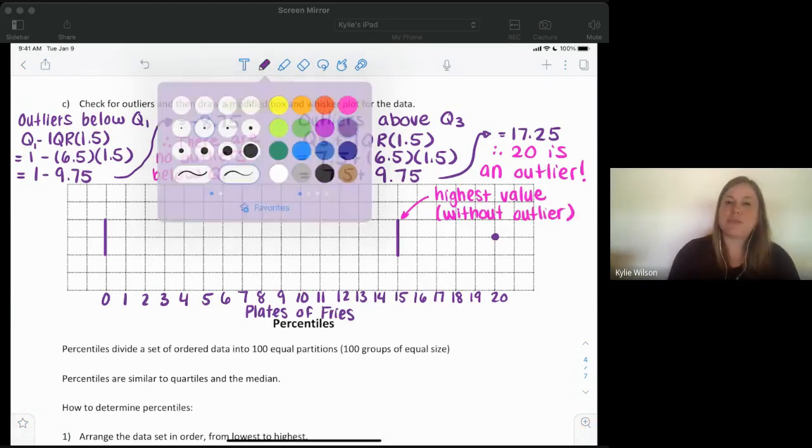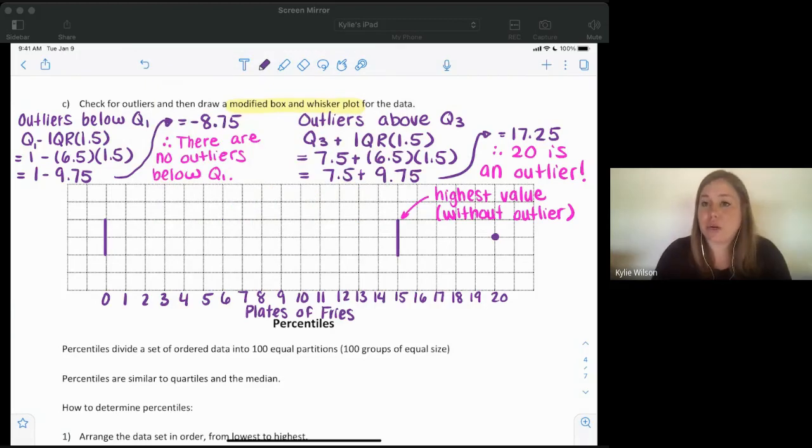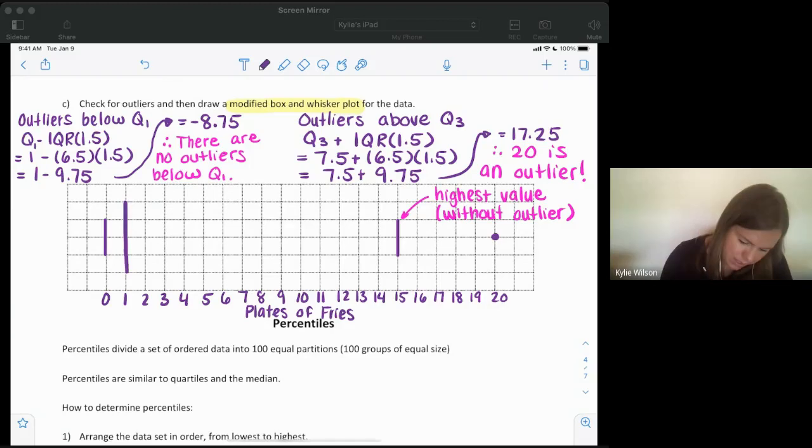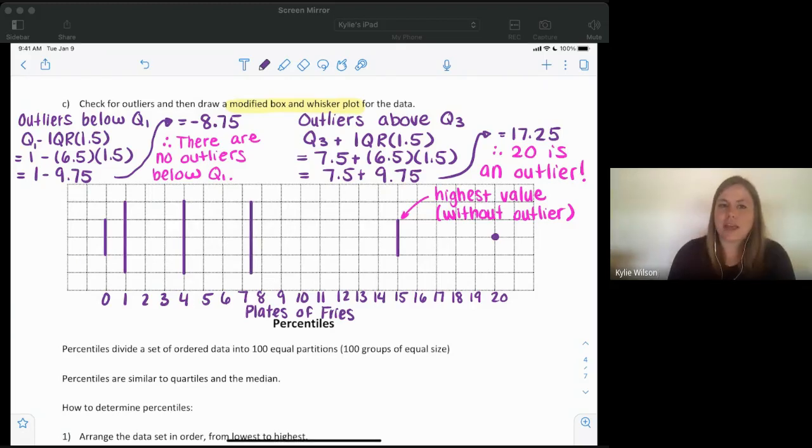Then in terms of graphing our quartiles, it's the exact same. Our first quartile was at 1, the median is at 4, and our third quartile is at 7.5. Like that. And then I just draw my box around my interquartile range and draw the whiskers as well.